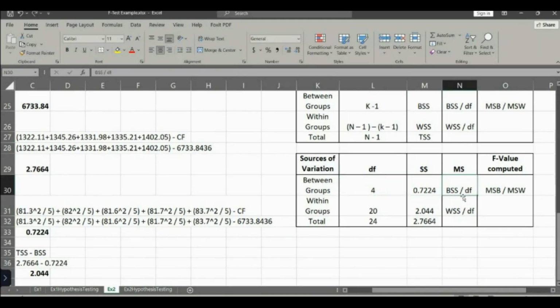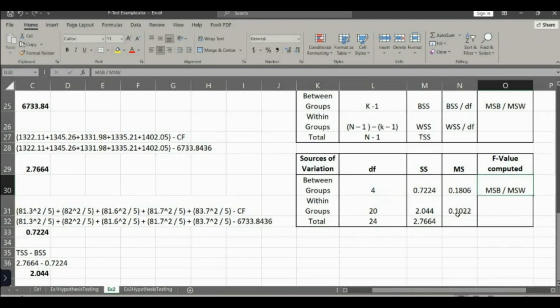So what is 0.7224 over 4? 0.1806. And next, the quotient between the sum of the squares within and the degree of freedom nung within groups. 0.1022.